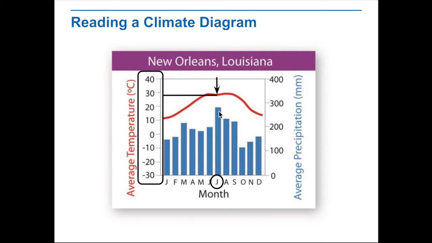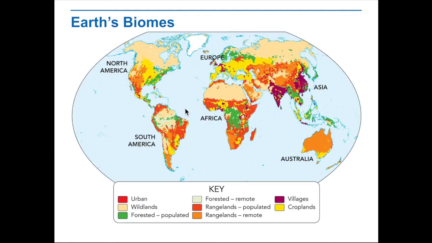We see the most rain happening in the month of July, and then we also have August. So this area here, kind of in the middle, these summer months are going to be the rainiest season. So that's two different ways that you can look at this graph, and you're going to be making one for the town that you live in, which is Hana, Hawaii.